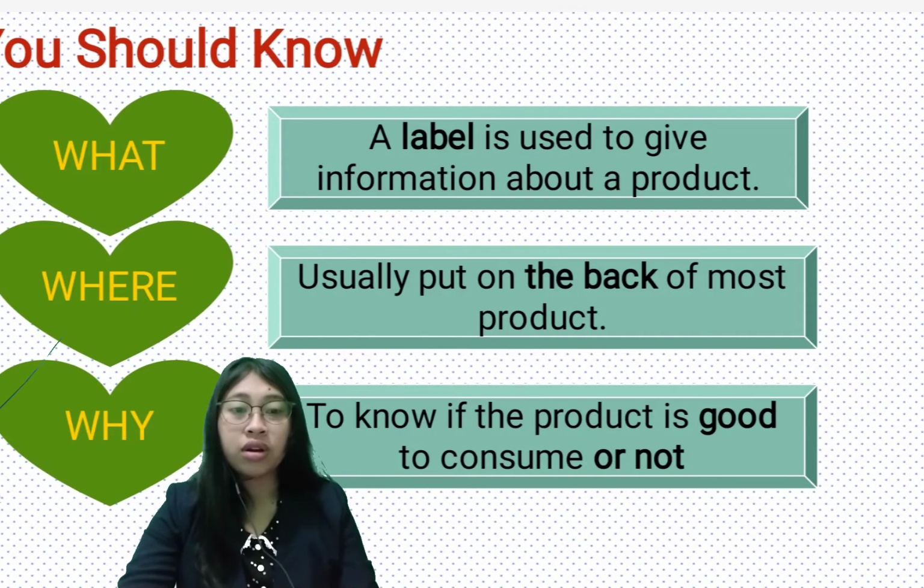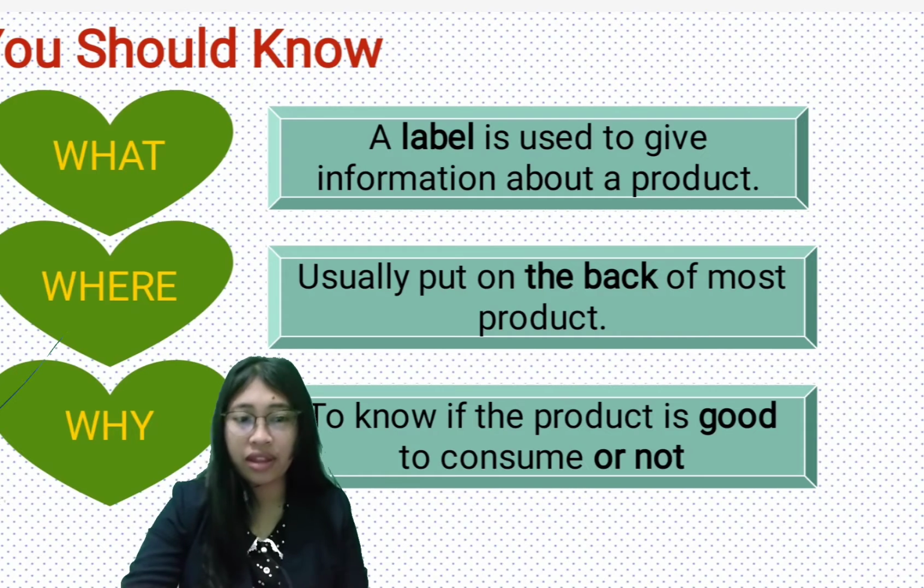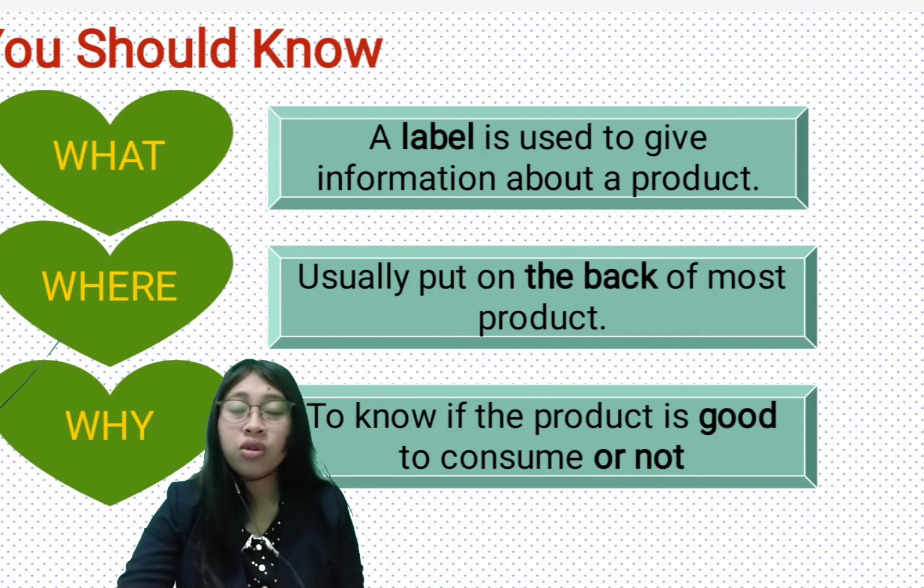You usually know the label of the food, drugs, or drinks that you buy. It is usually put on the back of most products. And why should you know it? You should know it to know if the product is good to consume or not.